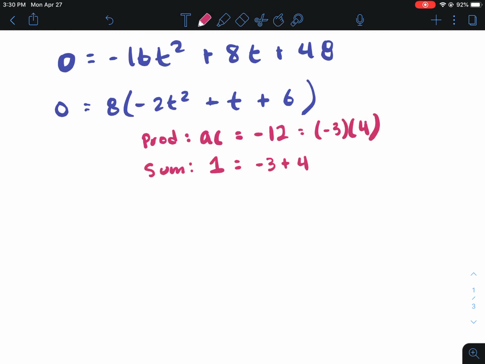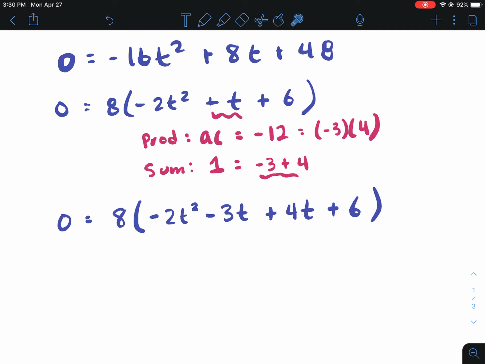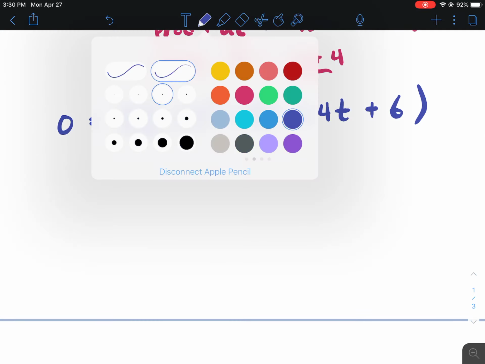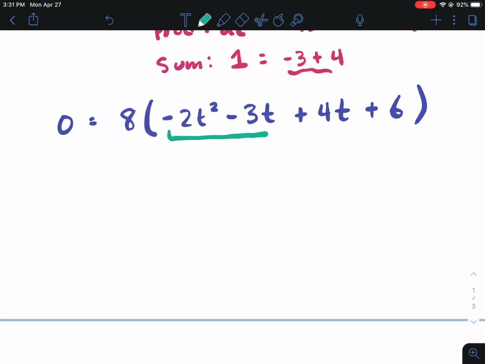We're going to use these numbers to split up this polynomial. So we get 0 is equal to 8 times negative 2t squared minus 3t plus 4t plus 6. We take that t and split it up so that we can factor by grouping. So we're going to factor these two and then these two.